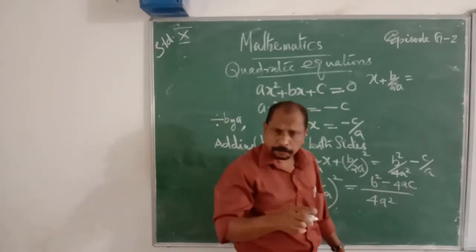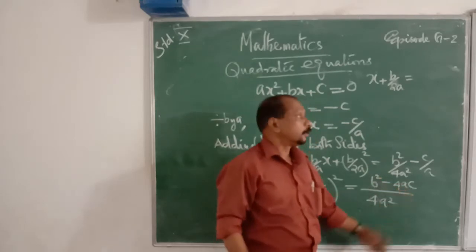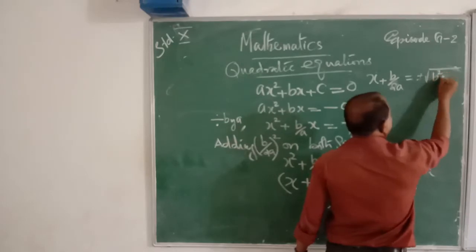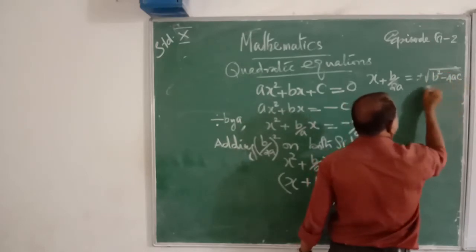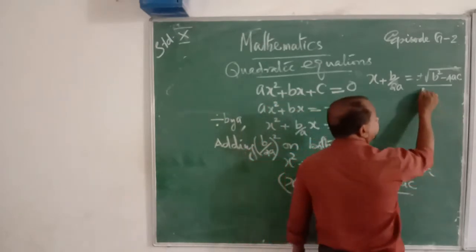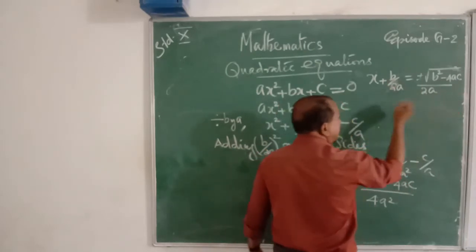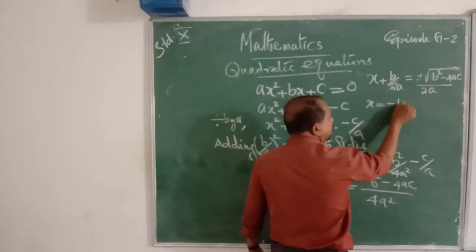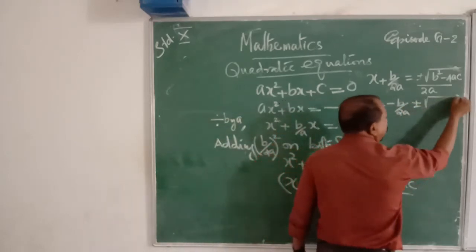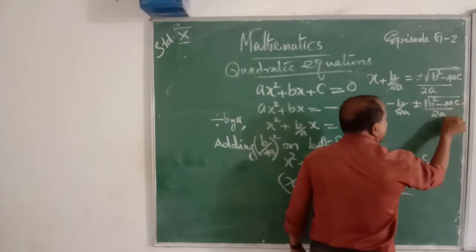Therefore, plus or minus root of b square minus 4ac by, the square root of 4a square is 2a. Shifting b by 2a to the right, x is equal to minus b by 2a plus or minus root of b square minus 4ac by 2a.